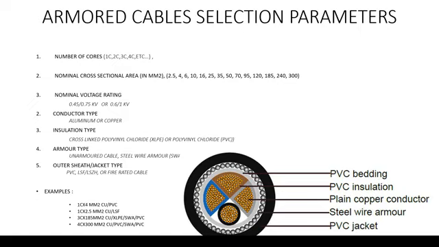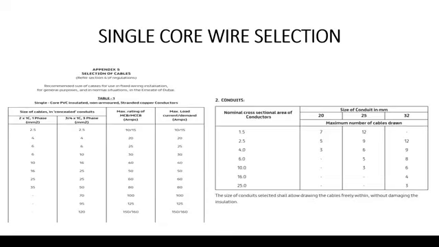Okay. So I will move now to the next part, which is cable and wire selection. How do you select the suitable wire and cable required for the application? Let's go briefly over each one of them. We will start with single core wire selection.